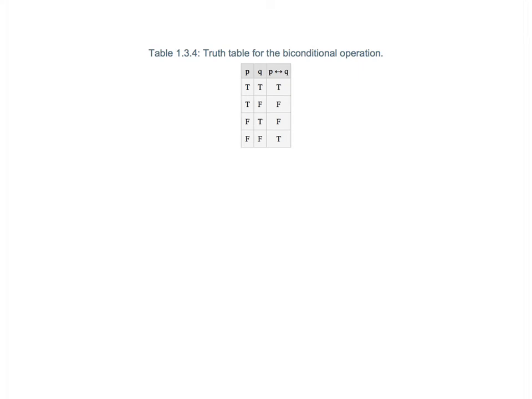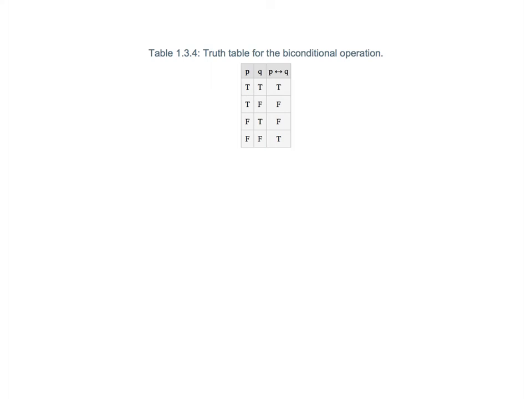In the first and last rows, in which both P and Q have the same truth values, the value of the biconditional operation is true. In the second and third rows, in which P and Q have opposite truth values, the truth value of the biconditional operation is false.